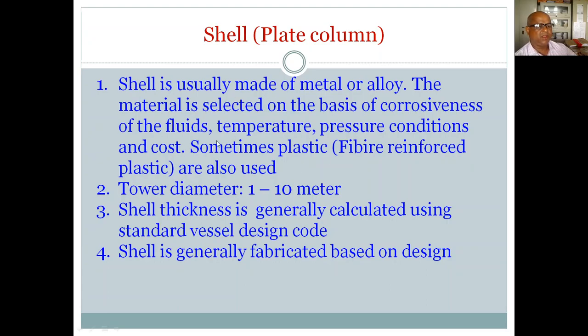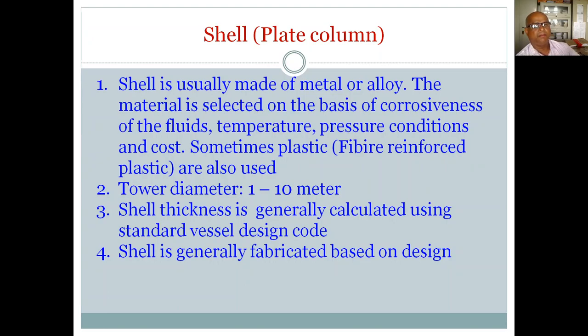In general the diameter is 1 meter to 10 meter. You understand, 1 meter means around 3 feet, so a 3 feet diameter is a small plate column, the minimum. 10 meter means 30 feet diameter. It's huge.